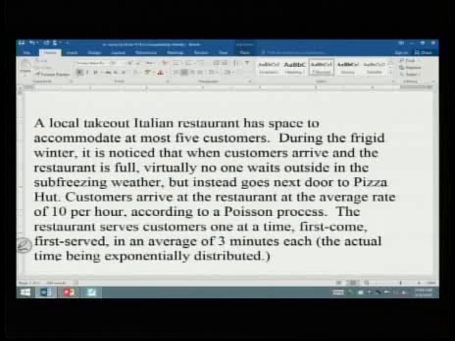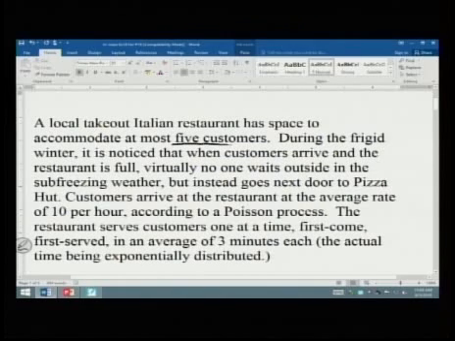Okay, so let's read the problem description together. A local takeout Italian restaurant has space to accommodate at most 5 customers. So the maximum capacity of this Italian restaurant is 5 customers.